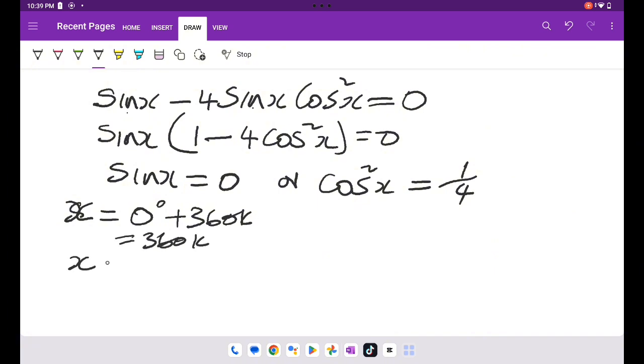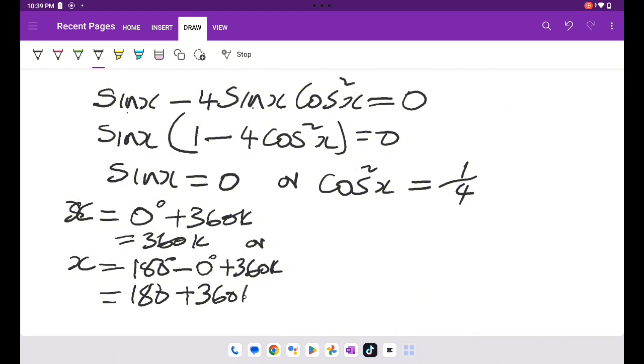Or in quadrant number 2, x, we will say it's 180 minus the angle 0, then plus 360k, meaning the answer is 180 plus 360k.